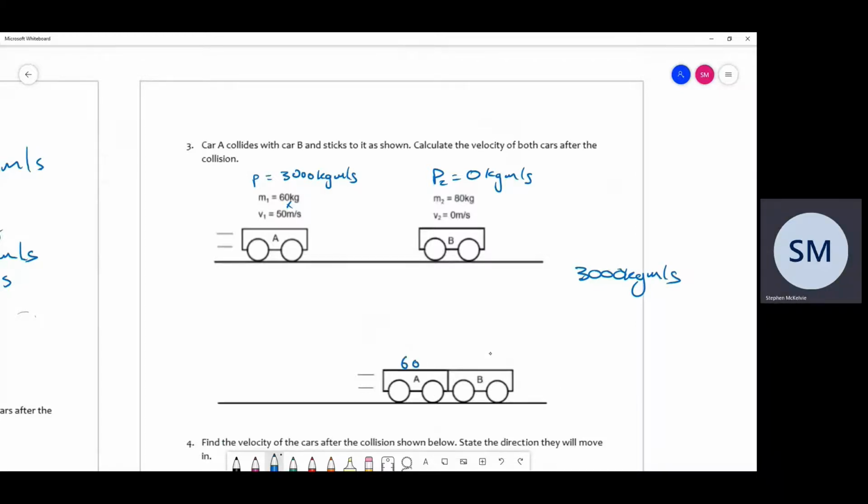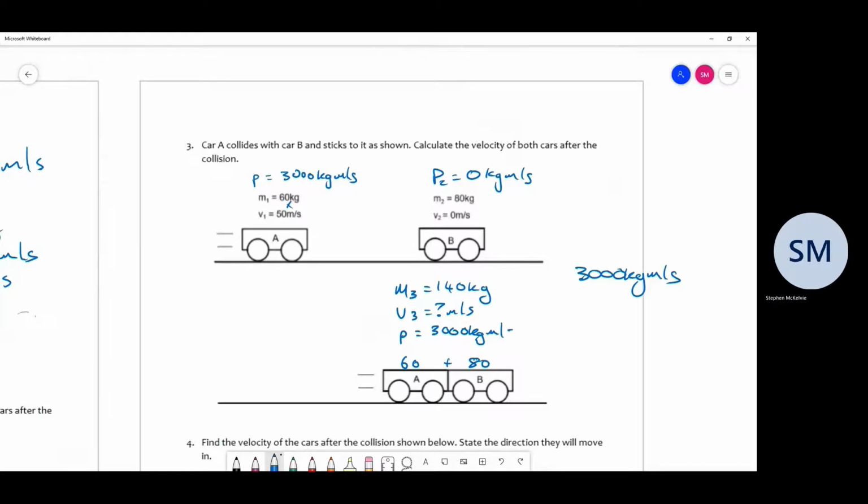The mass of A is 60, the mass of B is 80. Give me a total mass, M3, 140 kilograms. V3, I do not know in meters per second, but I do know that the momentum is going to have to be 3,000 kilogram meters per second, because momentum before has to be the same as momentum afterwards.